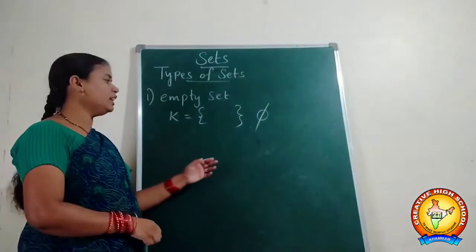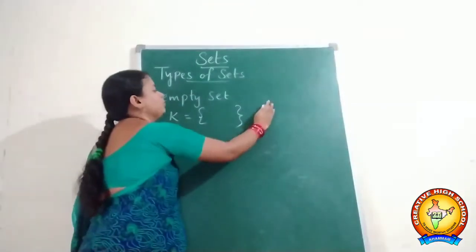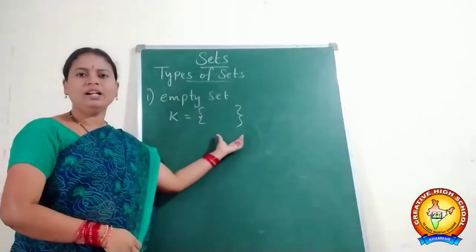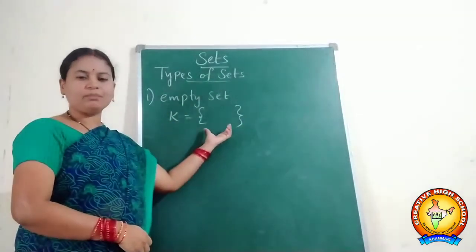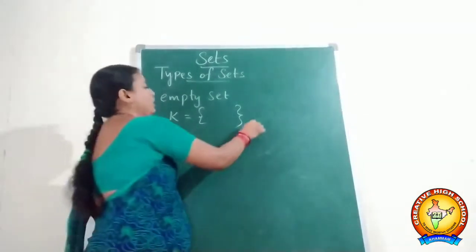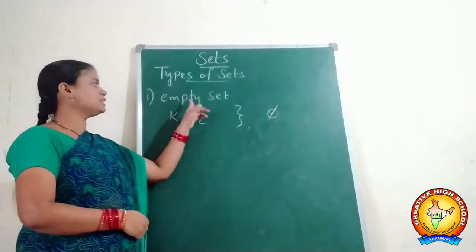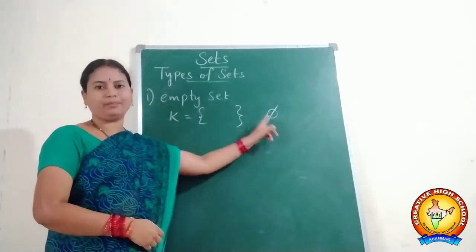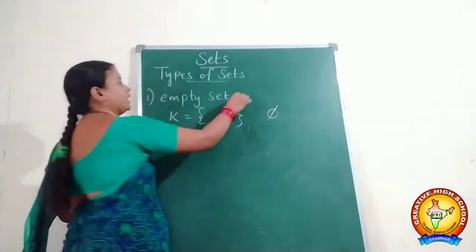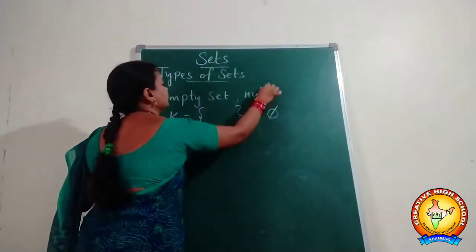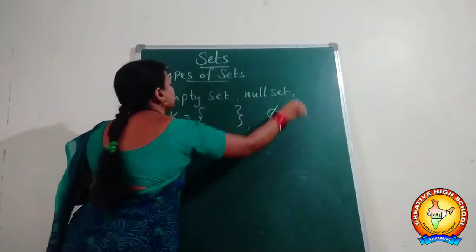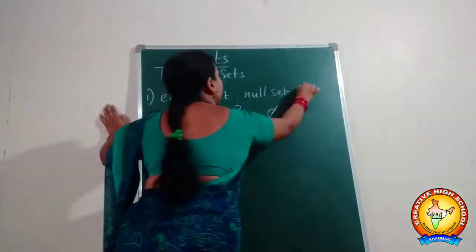So if you want to denote the empty set, just write the empty brace bracket, or just write phi. The empty set we can call the null set, and also we can call it the void set.